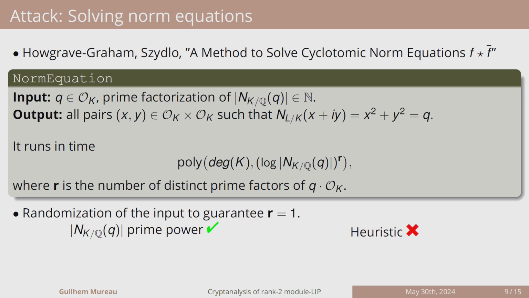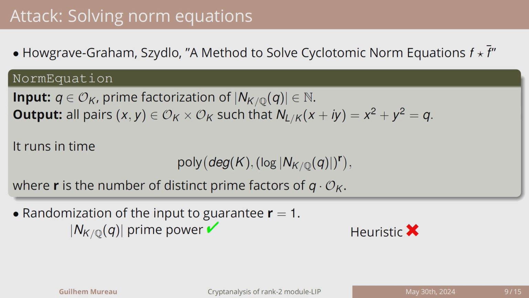On average, R is not too big, but it could be in the worst case, and we want to avoid these cases. So we added a randomization step to guarantee norm equations where R is equal to 1. One advantage is that we know the prime factorization of this algebraic norm.